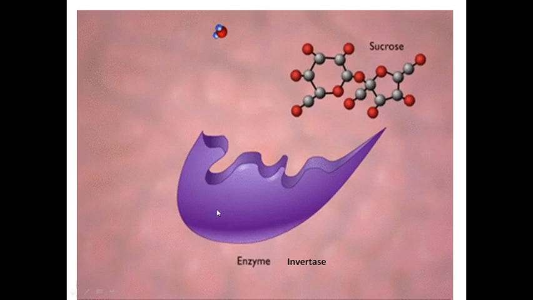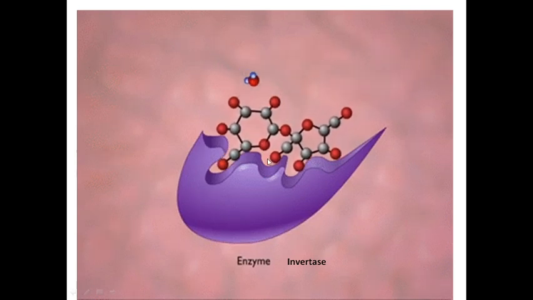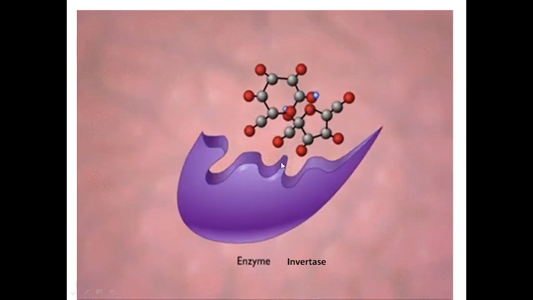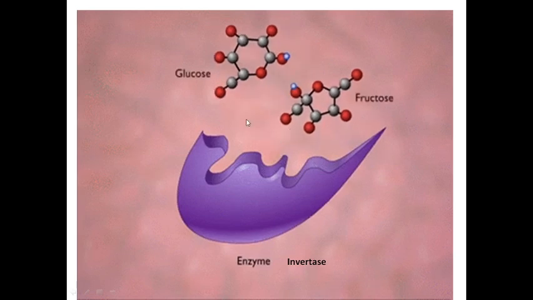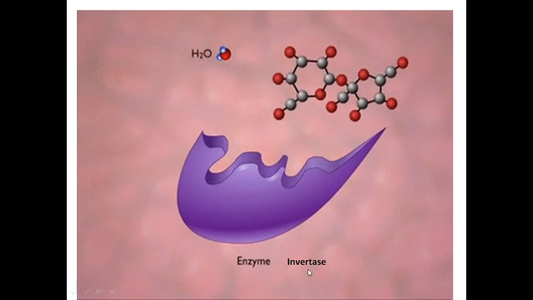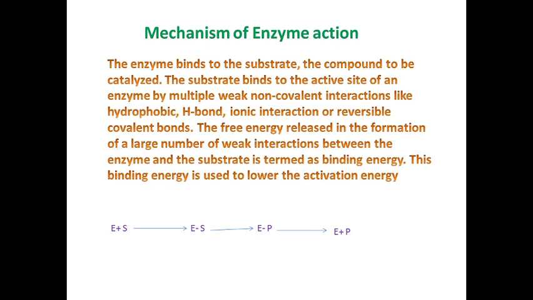Here is how sucrose plus water bind at the active site of this enzyme, and later when released from the enzyme, glucose and fructose are formed. The enzyme in this process is invertase.